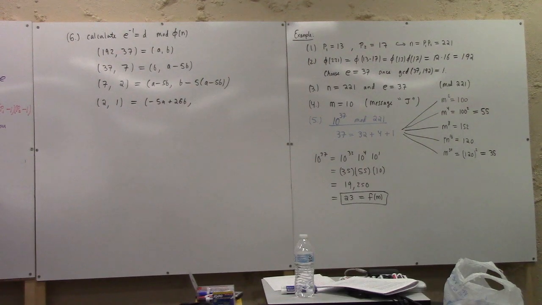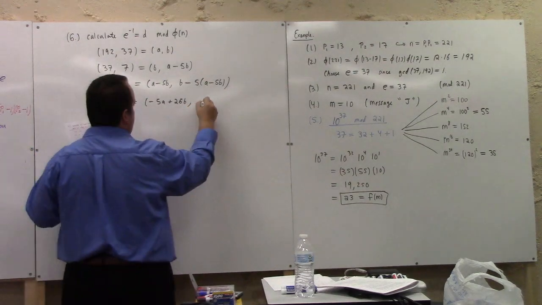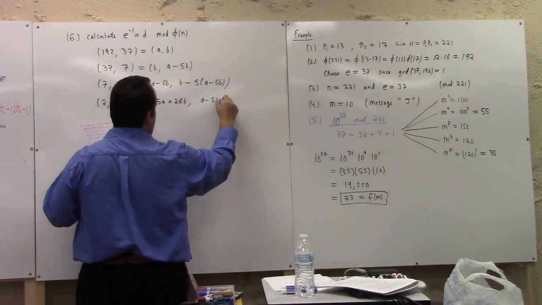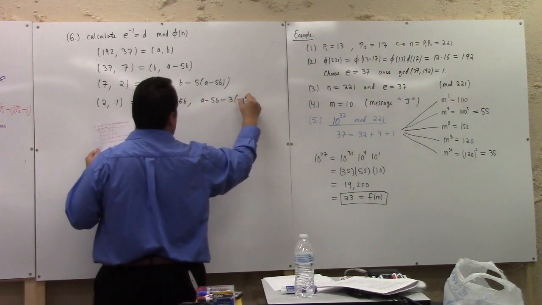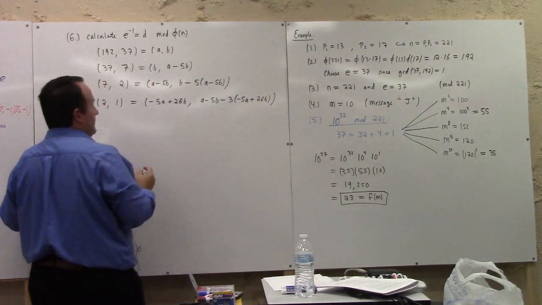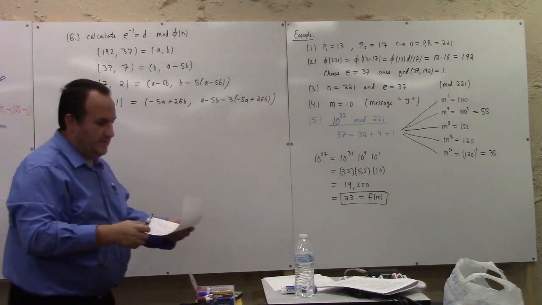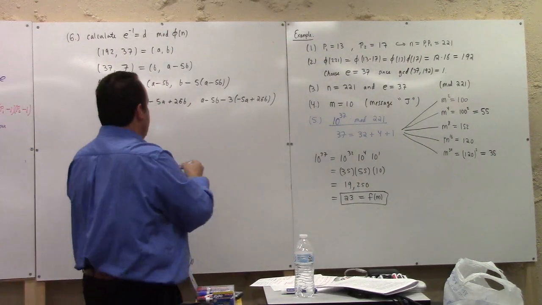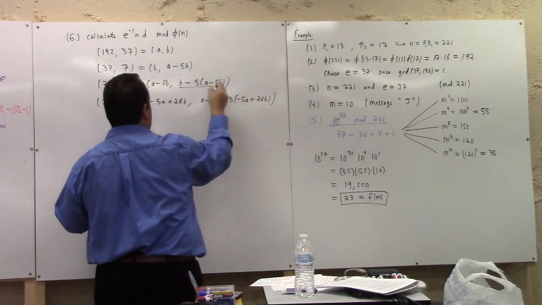Now to get the 1, we needed 7 minus 3 times 2. So that becomes A minus 5B minus 3 times minus 5A plus 26B. I cleaned it up, this is that.